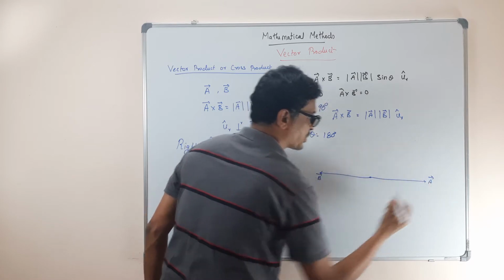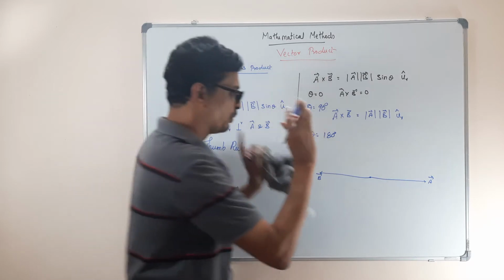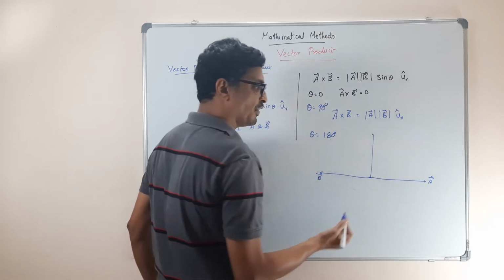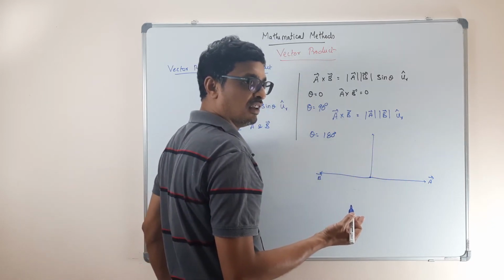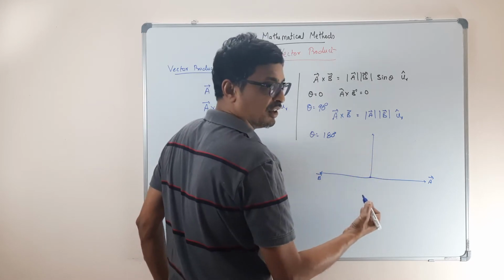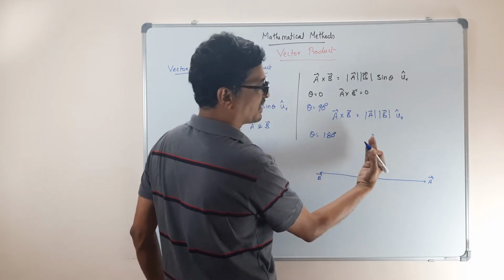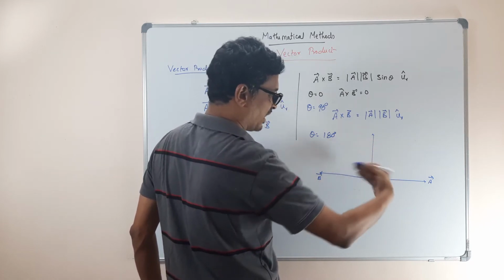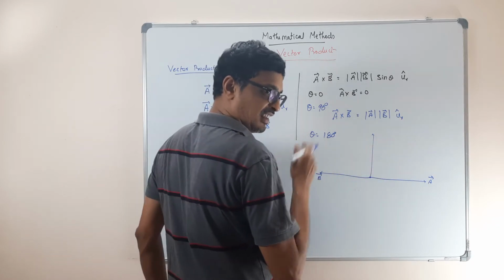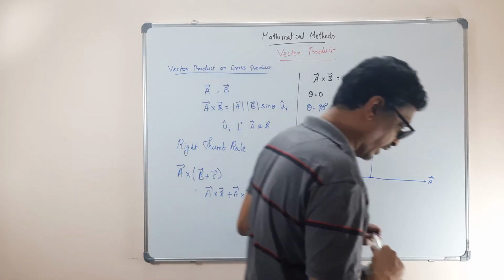First you have to resolve one vector perpendicular to the other, so you want to create a perpendicular component. What is the perpendicular component of A? A sin theta, which is 0 here. So you can't have a perpendicular component, and B sin theta also will be 0. Therefore, whenever the vectors are parallel or anti-parallel, the cross product will always be equal to 0. You should remember that.